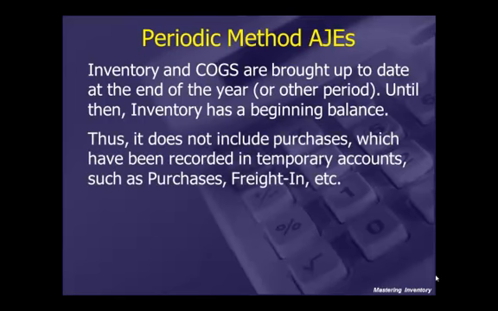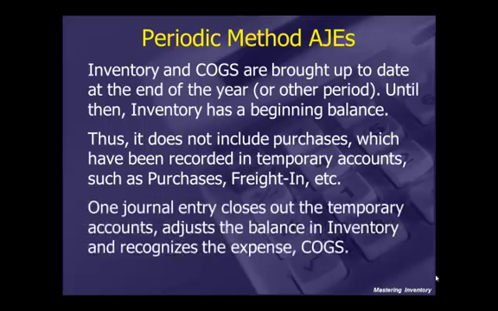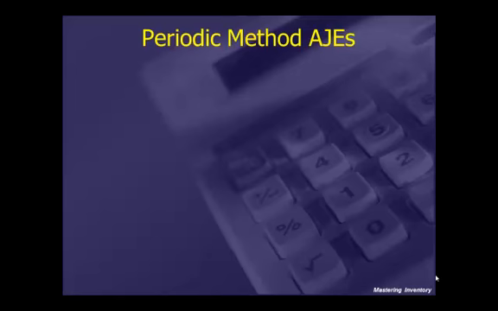It does not include purchases, which have been recorded in temporary accounts such as purchases, freight in, purchases discounts, purchases returns. Those are all temporary. So one journal entry closes out the temporary accounts, adjusts the balance in inventory, and recognizes the expense, cost of goods sold.